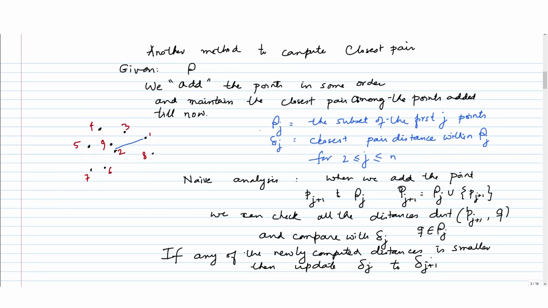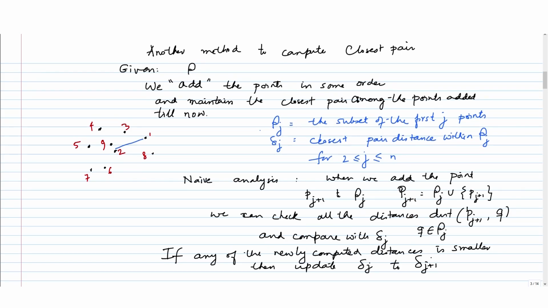Now, if you do this, what is the time complexity? Is it clear that this very simple algorithm will work? In the jth step, what are we doing? We are computing j minus 1 distances, or for the j plus first point, j distances.